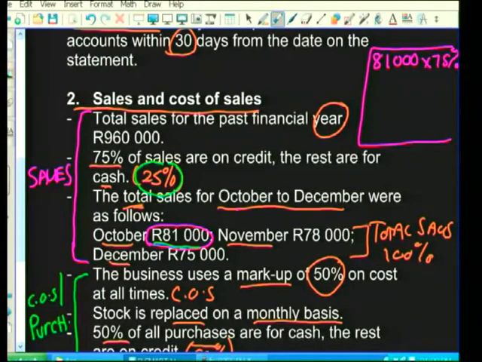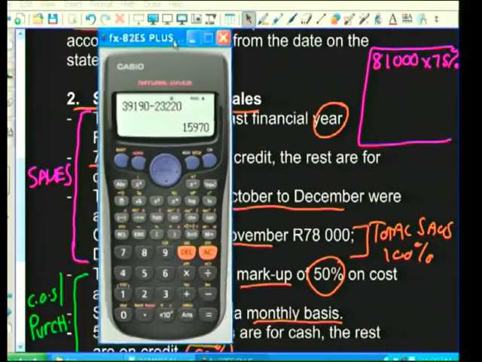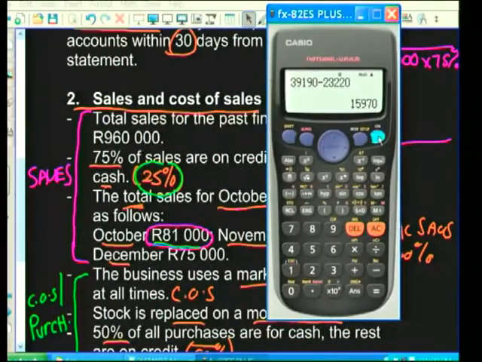So let's get our calculators out. Okay, so remember, I'm taking the total sales for October, 81,000, times I want cash sales, which is 25%. And that gives me 20,250, which is my cash sales. So let's fill that in.